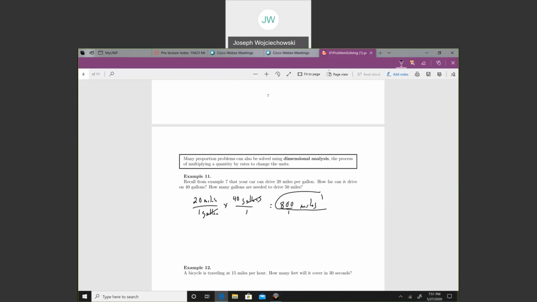Okay, now if I can drive 20 miles to 1 gallon, how many gallons for 50 miles? And again, what happens here is this and this cross out. Let's do this again.